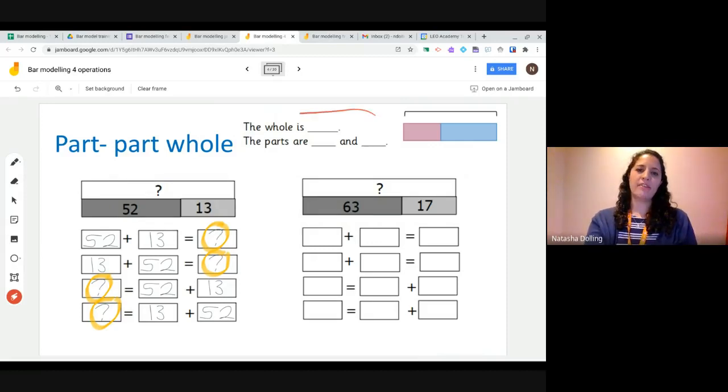Can you also have a go at writing out and filling in these sentence scaffolds here? And think about which bit of your sentence scaffold is the bit that you don't know. And which bit of your sentence scaffold are you going to say is unknown or are unknown? Which bit do you not know? Pop it into the chat, the equations and your sentence scaffolds. I'll give you a minute to do that.